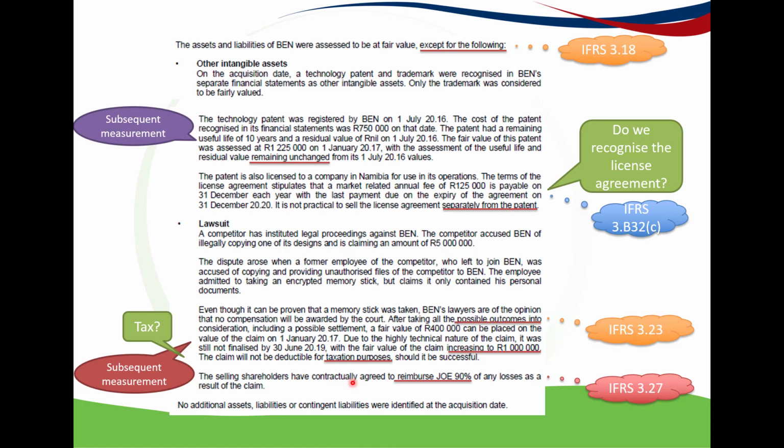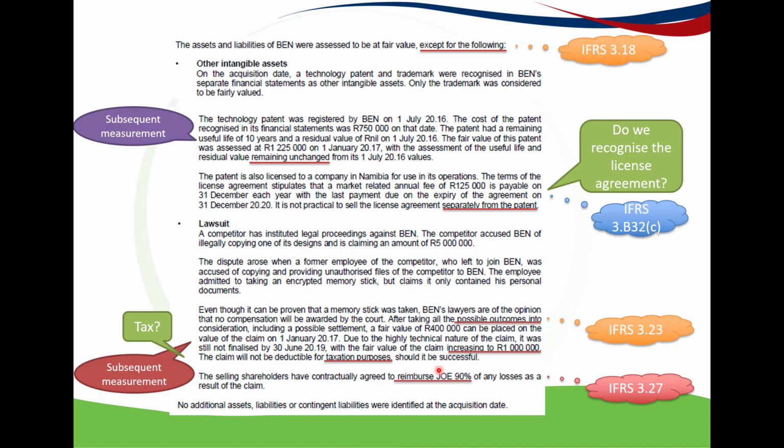As a result, the acquirer obtains an indemnification asset. The acquirer shall recognize an indemnification asset at the same time that it recognizes the indemnified item, measured on the same basis as the indemnified item. So in this case, we will also recognize a debit indemnification asset at 90% of the 400,000, which is 360,000.